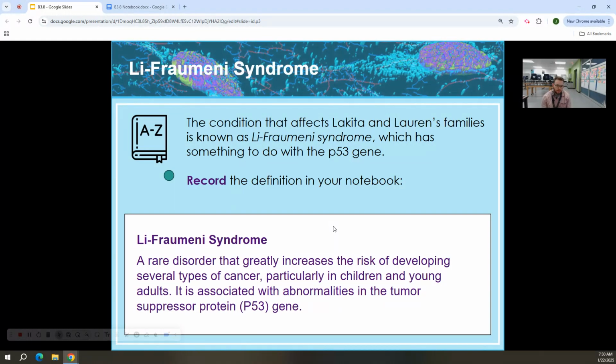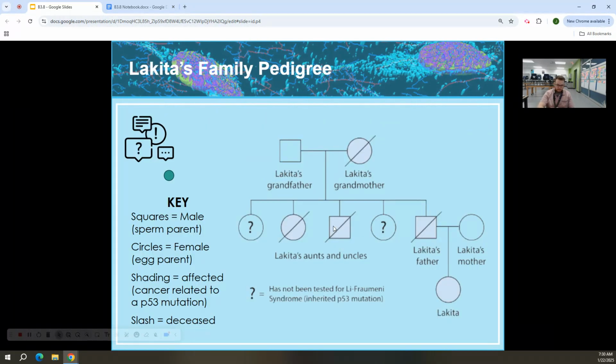It's a disorder that greatly increases the risk of developing several types of cancer, particularly in children and young adults, and it is associated with abnormalities in the tumor suppressor protein P53. So we know that this specific syndrome impacts the P53 gene and prevents the tumor suppression that we've seen P53 do throughout the unit so far.